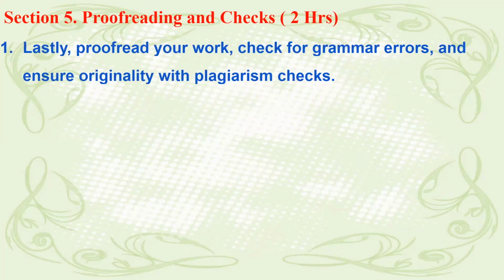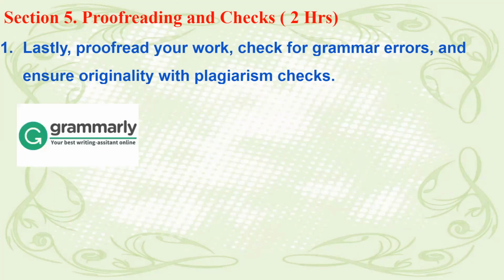Section 5 is proofreading and checks. Once all sections are completed, proofread your work, check for grammar errors and ensure originality with plagiarism checks. For grammar, you can use Grammarly software. There are two types: one is free and one is a paid version.